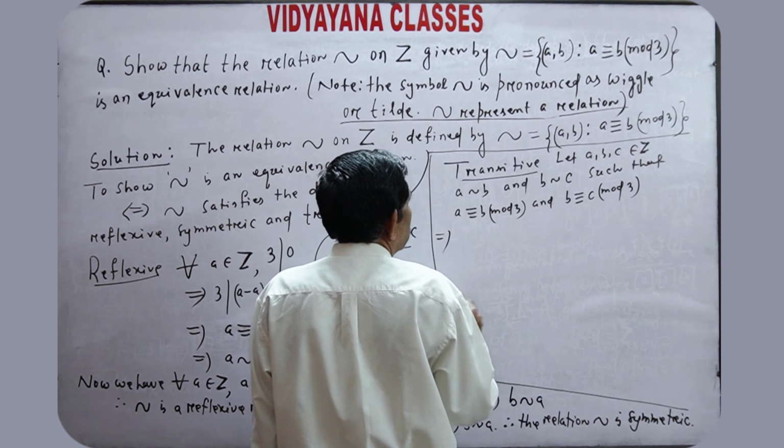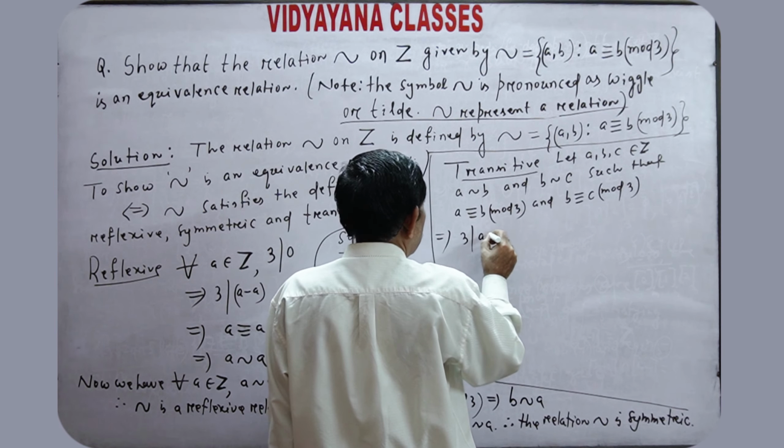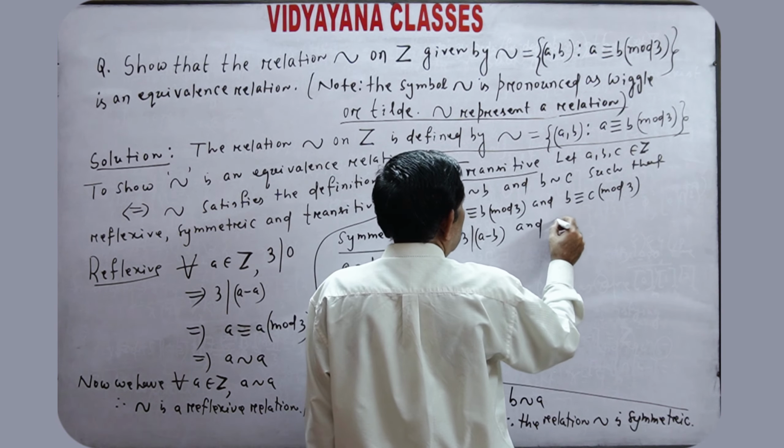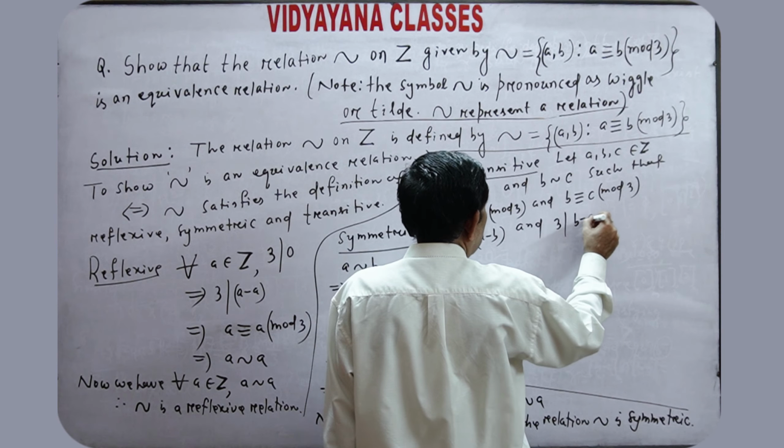That implies 3 divides A minus B and 3 divides B minus C.